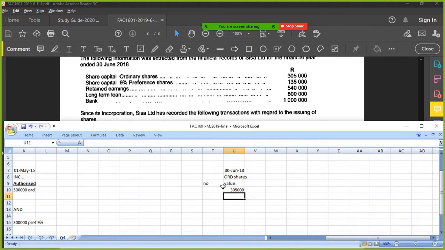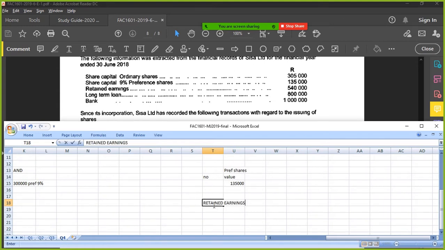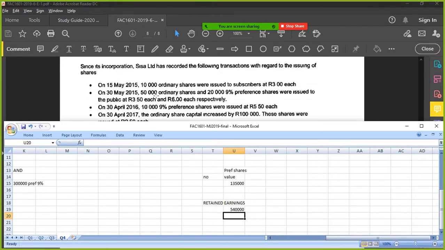Your pref shares, in terms of value, 135,000. Retained earnings, 540. Long-term loans you don't need for a question like this. Bank you don't need for a question like this. So since incorporation, S Limited recorded the following transactions with regard to the issuing of shares.